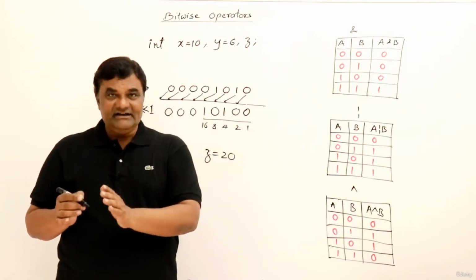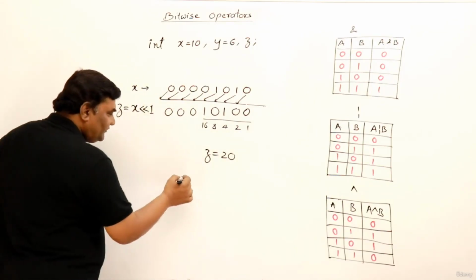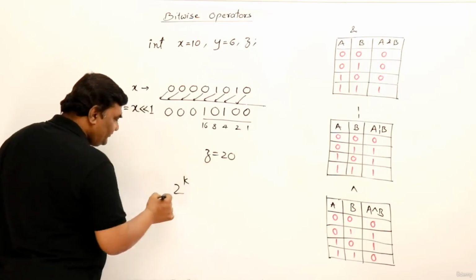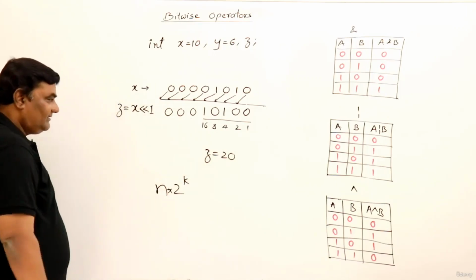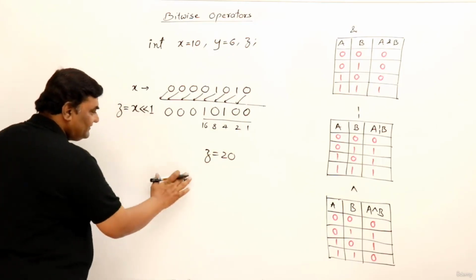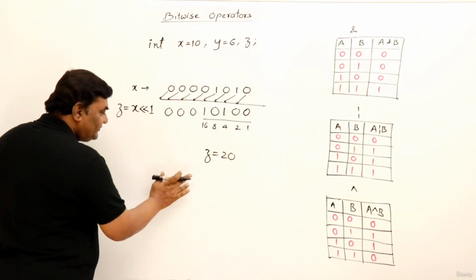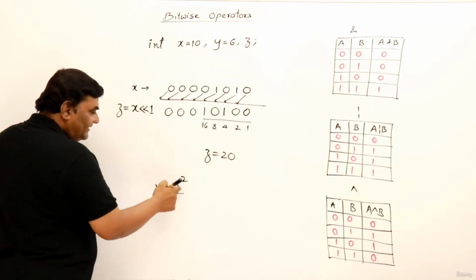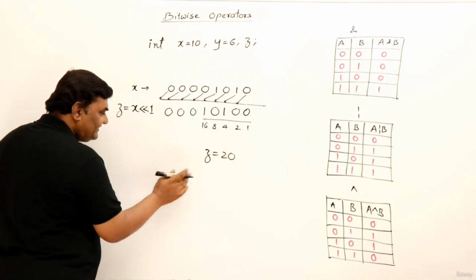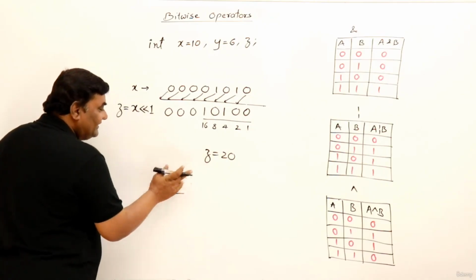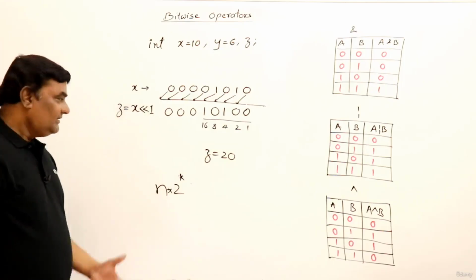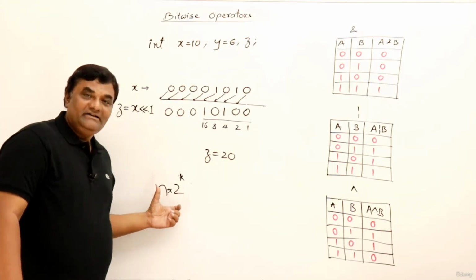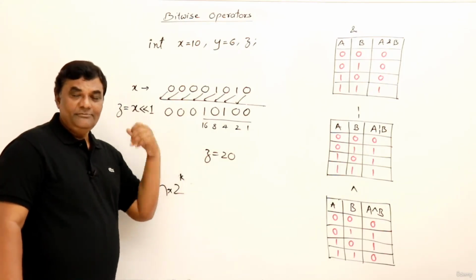Suppose you are moving it by k places, then your number n will be multiplied by 2 power k. If you say 1, then it is into 2. If you say 2 places, it will be 2 square, that is 4. If you say 3 places, it will be 8. So k places means n into 2 to the power of k.